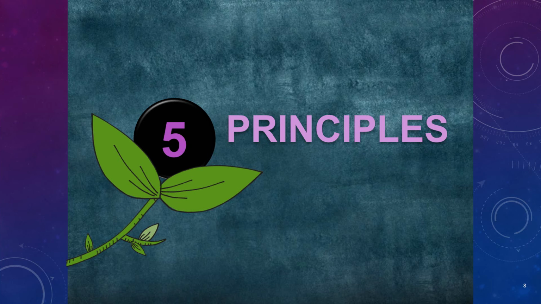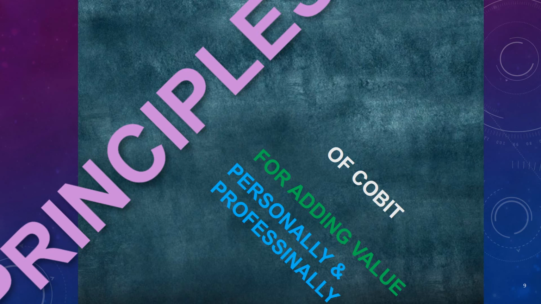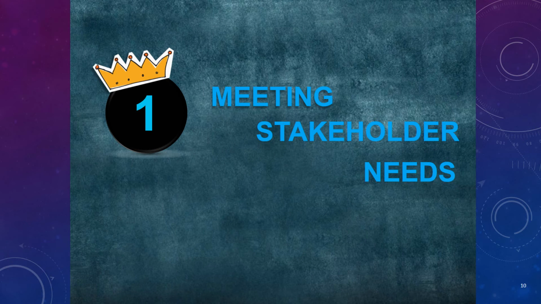Let's have a quick walkthrough of the COBIT 5 principles. COBIT can be used for adding value, personally or professionally. The first principle is meeting stakeholder needs. In any COBIT implementation, it's very important to understand the primary objective of implementing COBIT.